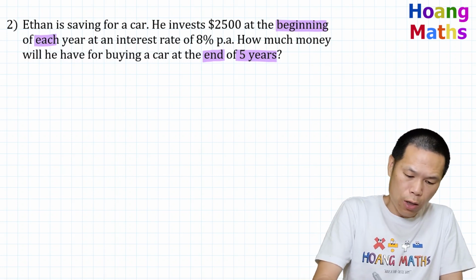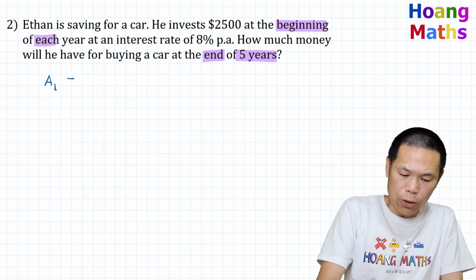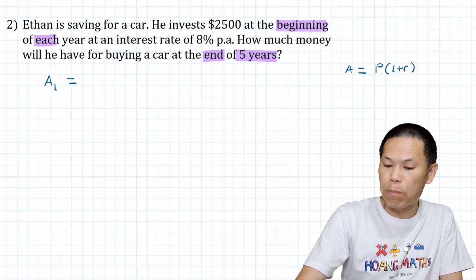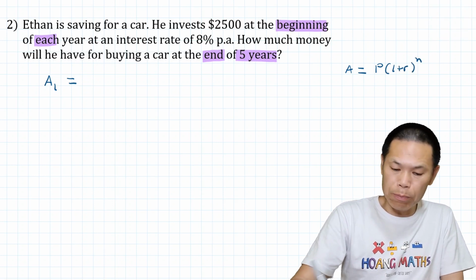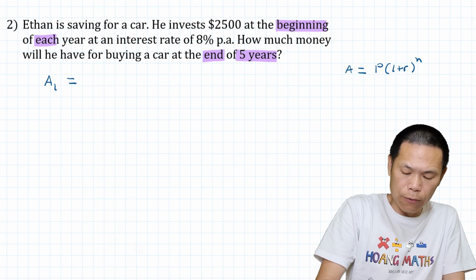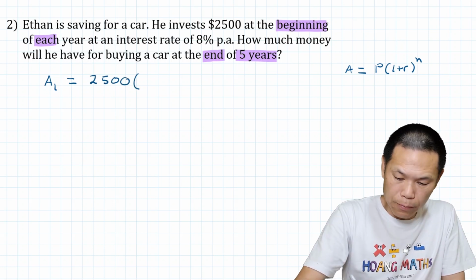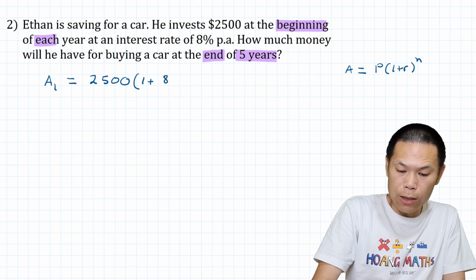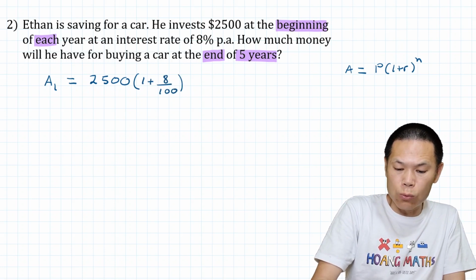So therefore, we write A1 is equal to, remember, A is equal to P times 1 plus R power of N. P is $2,500. And R is 8%. So 1 plus 8 over 100. N is 1, of course.